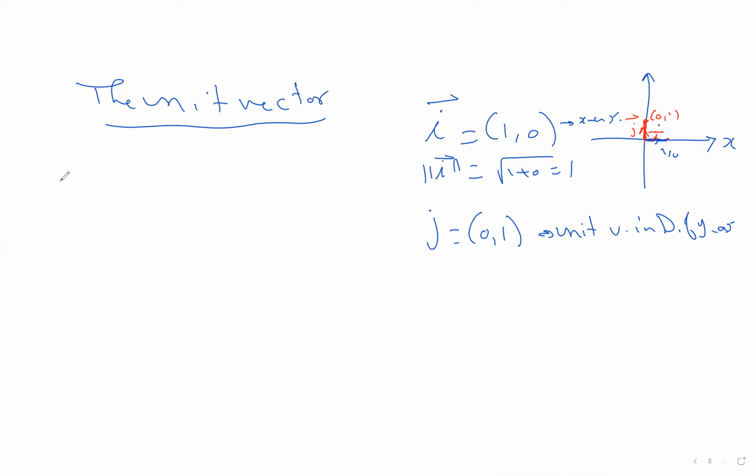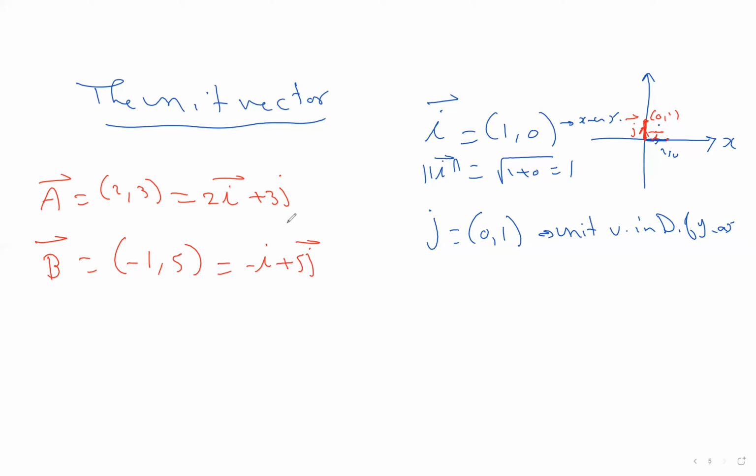If you have vector A as (2, 3), then you can write vector A in terms of I and J. Vector A is 2 in the direction of the x-axis and 3 units in the direction of the y-axis, so you can write it as 2I plus 3J. Is it okay? And if vector B equals (-1, 5), then vector B is -I plus 5J.